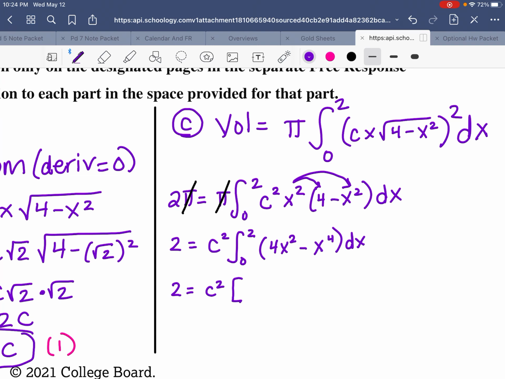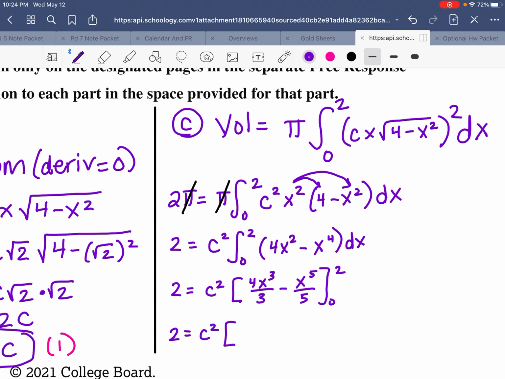Taking the antiderivative of each of these terms, the first term becomes 4x cubed over 3 minus the next one's x to the 5th over 5, from 0 to 2. And I need to plug in.